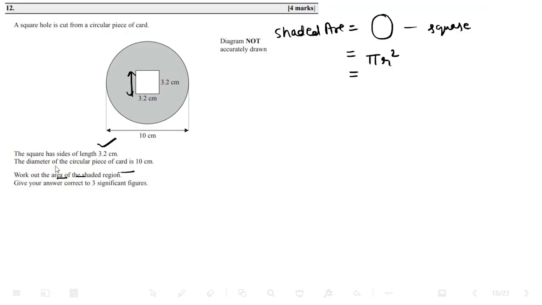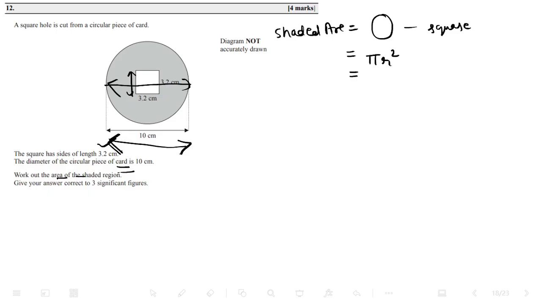The diameter of the circular piece of card. Okay, this is actually the diameter like this. Are you getting this point?